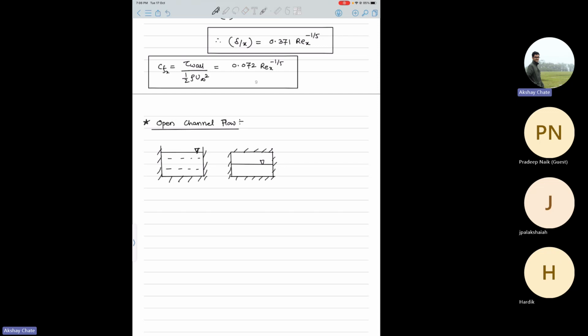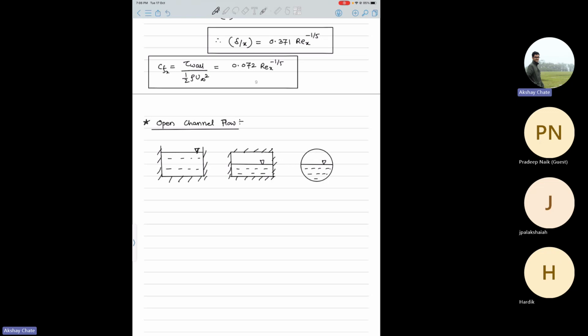And only half of this is liquid. And even in the case of circular pipe flow that we studied earlier, there can be a situation where the pipe is not fully filled, it is only half filled.